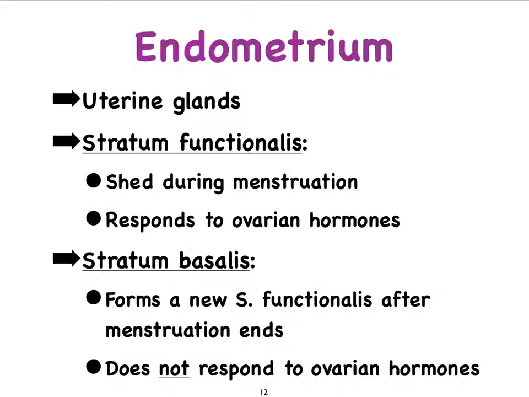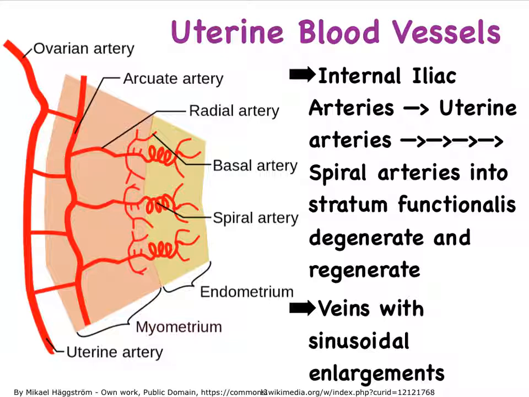And so it is not responsive towards ovarian hormones. It's always present. The uterus has its own blood supply, and the arteries that supply the uterus more directly are the uterine arteries, which actually also anastomose with the ovarian arteries.